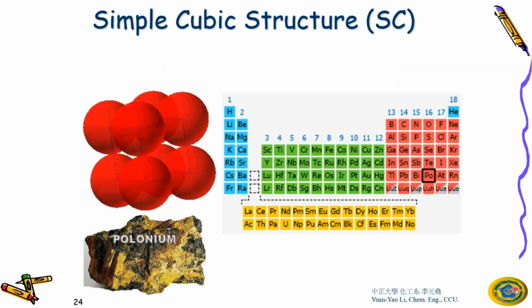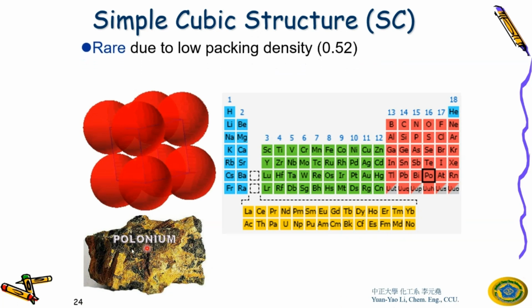The simple cubic structure, SC, normally is rare because this is not a good packing. When you have low packing density, in this unit cell only about 50% is occupied by spheres, and the other 50% is empty. This is not a good packing. The ideal packing is where the atoms pack very well in the unit cell.